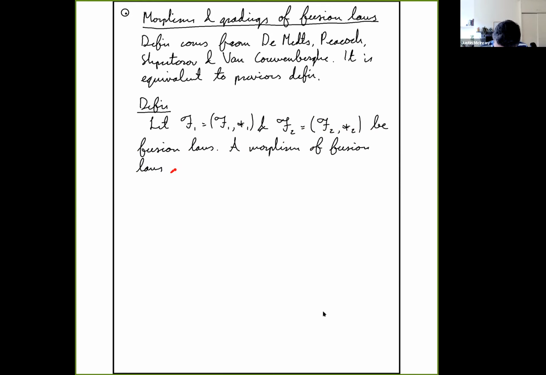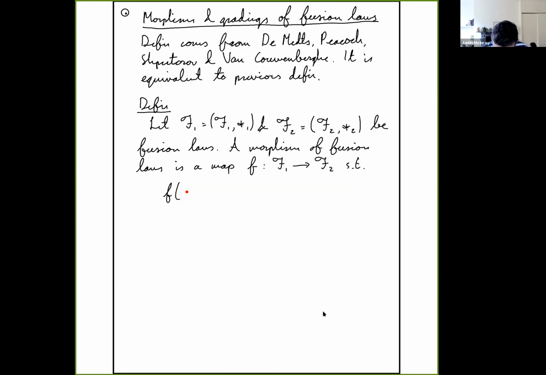So it should be a map f from F1 to F2 such that, so it's got to preserve the fusion law multiplication.